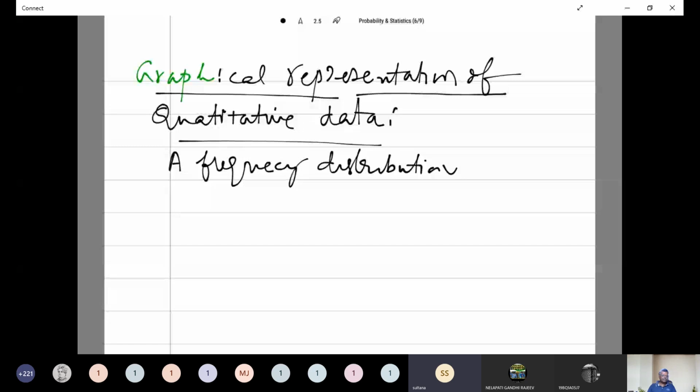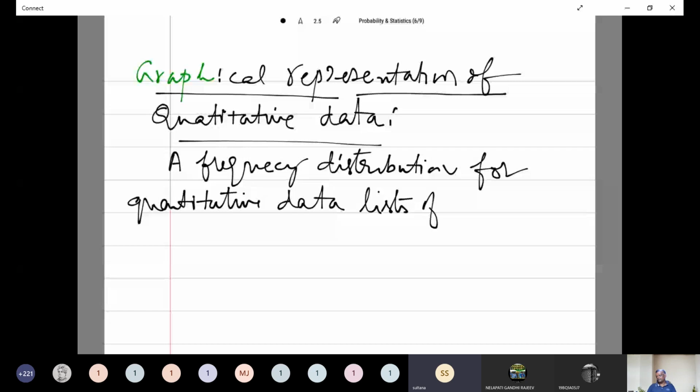A frequency distribution for quantitative data lists all the classes and the number of values that belong to each class.